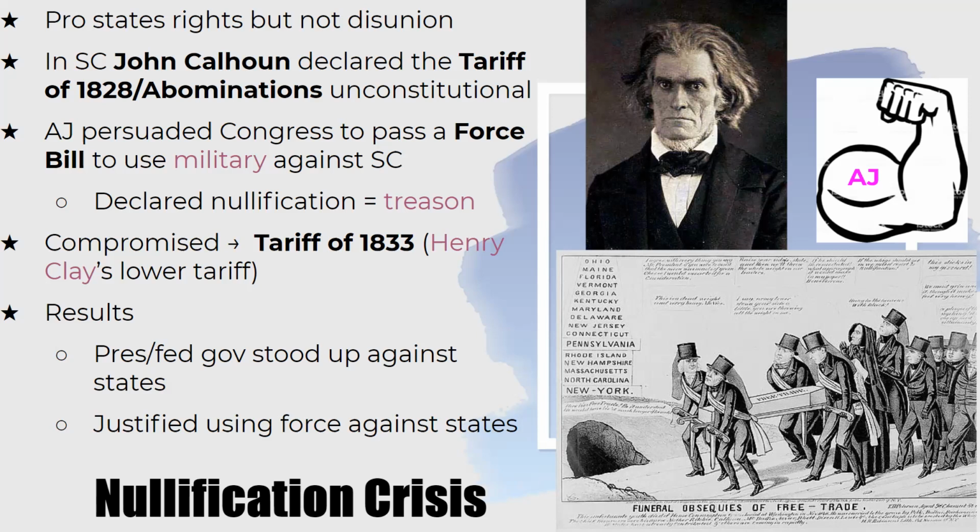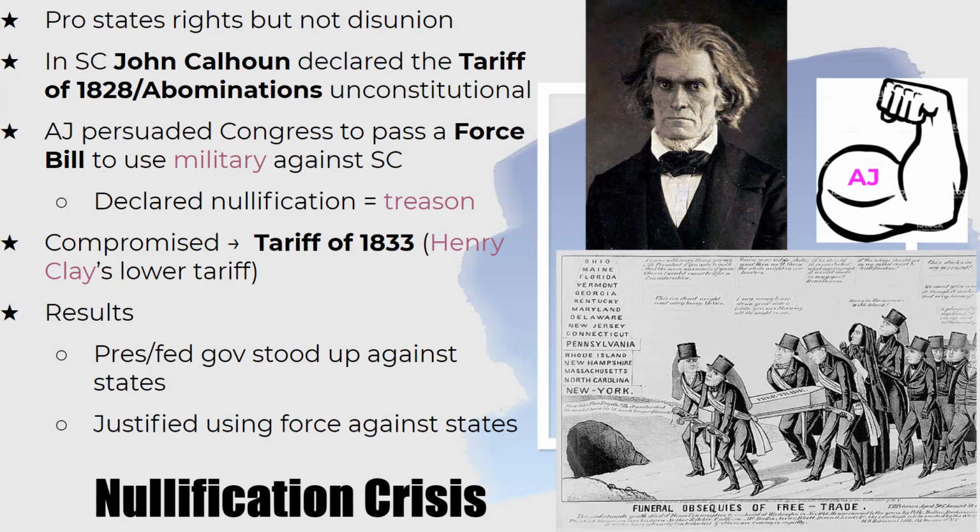This idea came up again, and we're seeing this as a Southern way of potentially solving their problems. But Andrew Jackson sees that as treason. And he even goes to Congress and asks them to pass what's called the Force Bill, that would grant him the use of military against his own states in order to force them to pay the tariff.